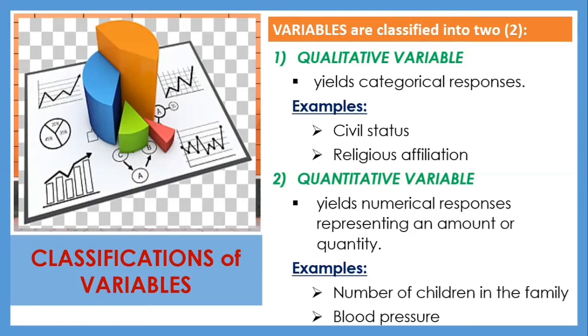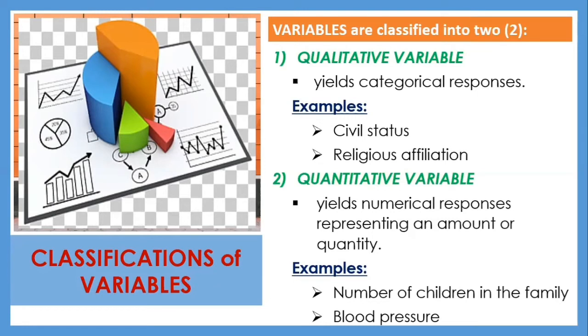So that is qualitative. What about quantitative variable? If we say quantitative variable, this yields numerical responses representing an amount or quantity, meaning to say this is the complete opposite of qualitative because quantitative is numeric in nature.